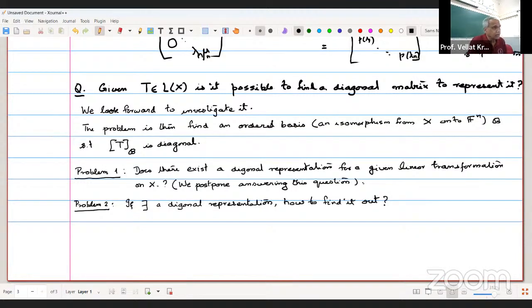So if you want to find this out, you have to fix an isomorphism from X to Fn. But how to fix the isomorphism? That's the problem. You know that fixing the isomorphism corresponds to choosing an ordered basis.